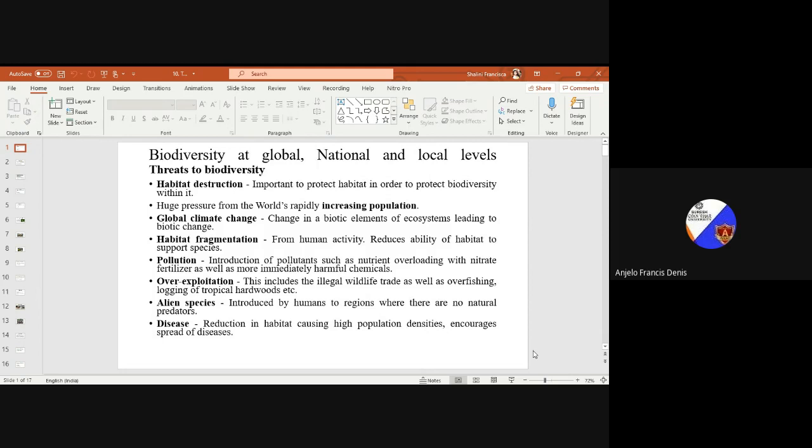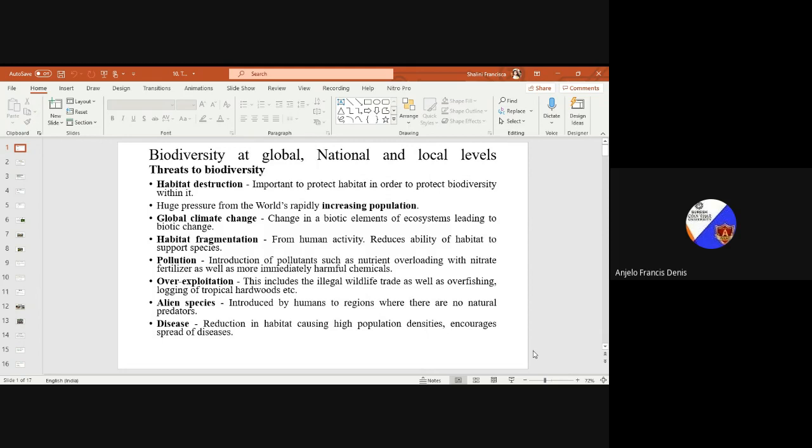Thus, it is creating an extra load and habitat fragmentation, and it will lead to the spread of disease due to reduction in habitat, as high population density of one species will lead to spread of disease.